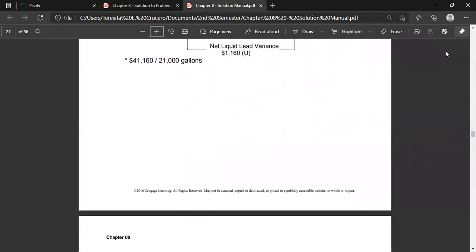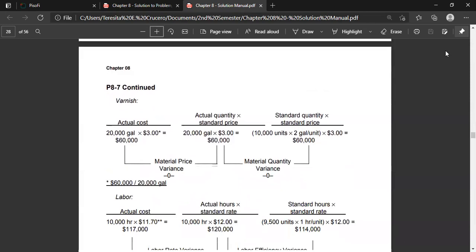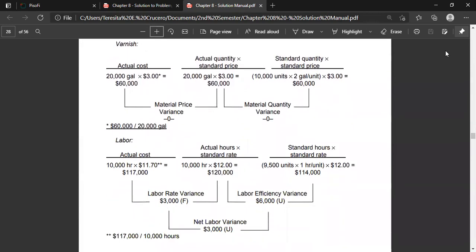We have to determine the cost of materials and labor in the work in process account at the end of the month. So we have now the material varnish for the actual cost of 20,000 gallons times 3.